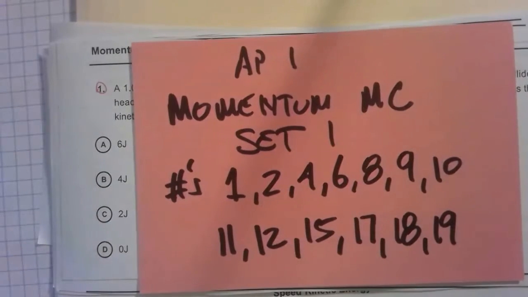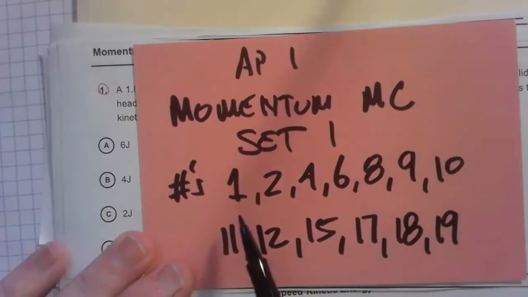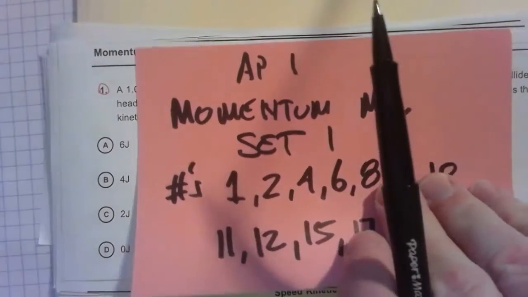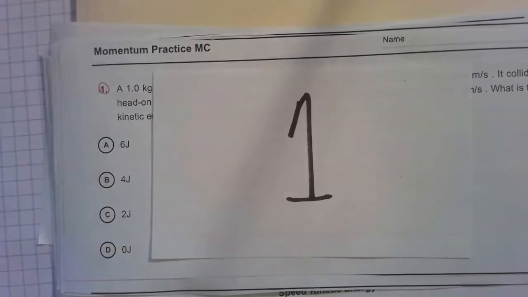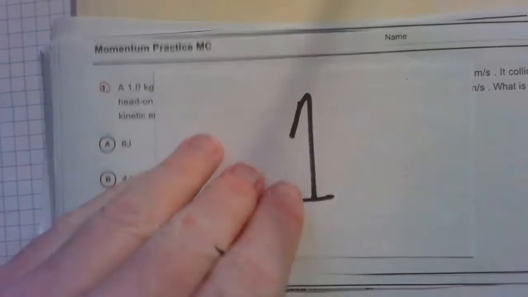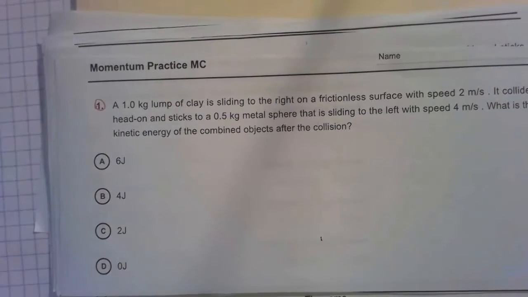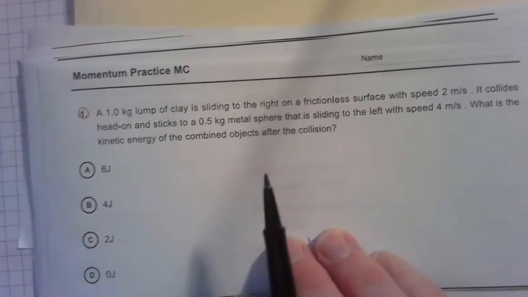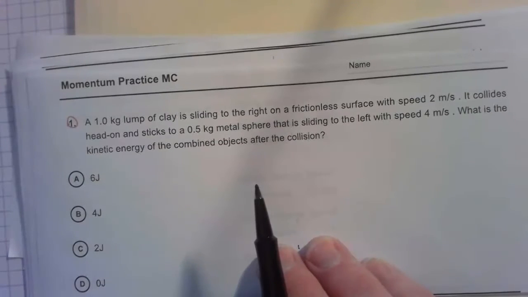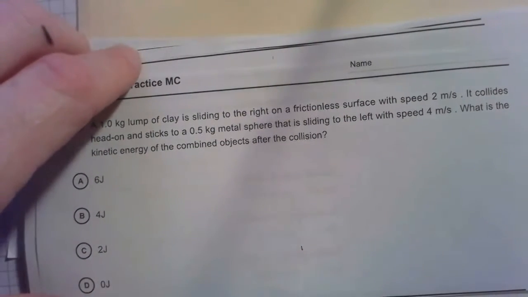Looking at these, we'll start off with number 1. This is all from momentum, of course. So the big idea with number 1 here is that when things collide, momentum is always conserved.